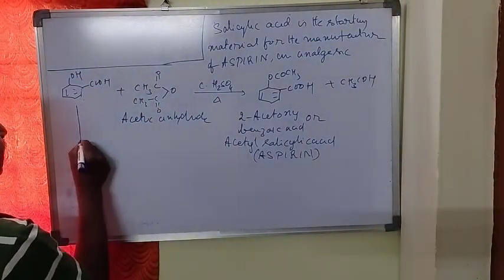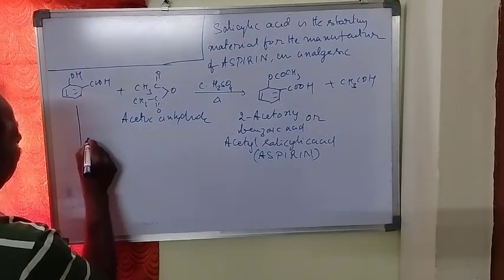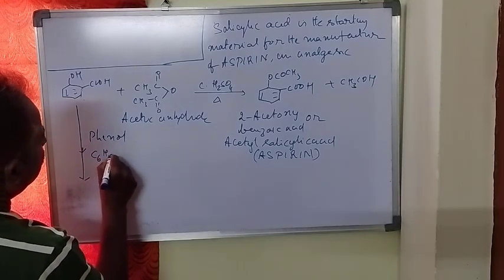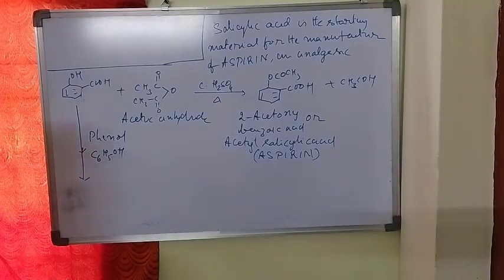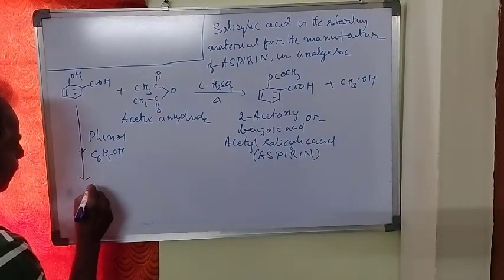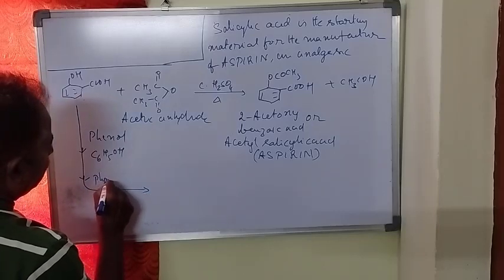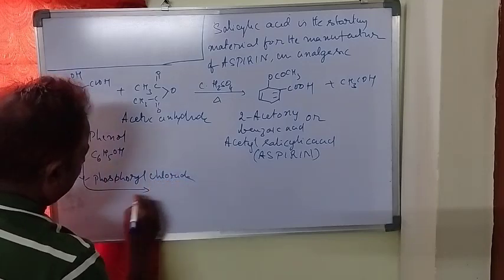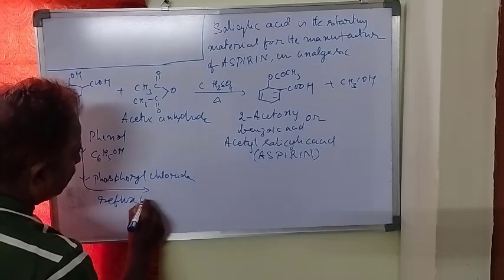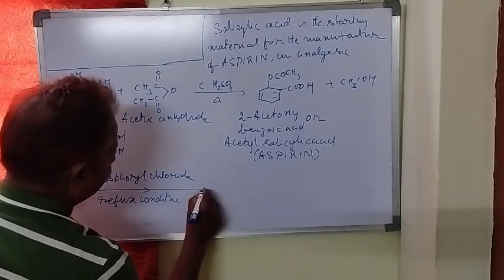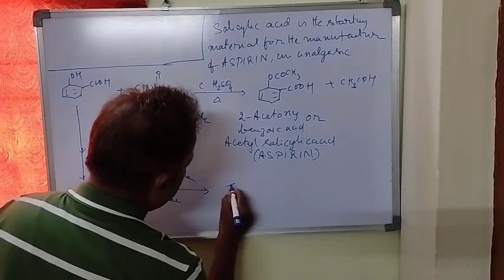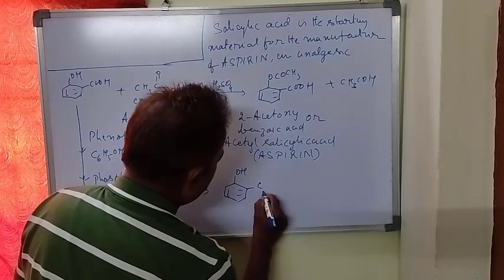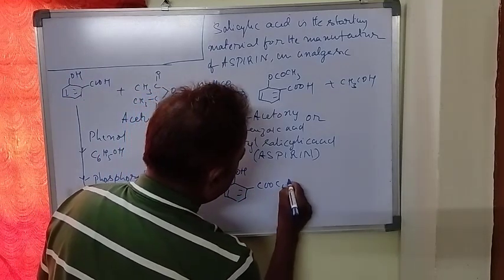Suppose salicylic acid is treated with phenol, C6H5OH, in the presence of phosphoryl chloride, and of course reflux conditions. Therefore, what do we get? This is OH, COOC6H5.